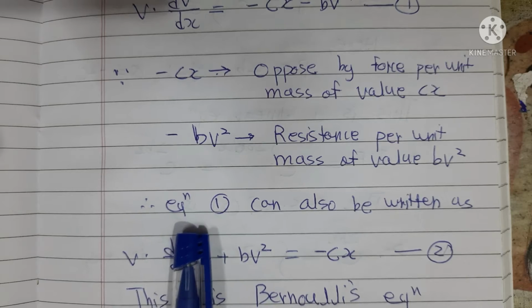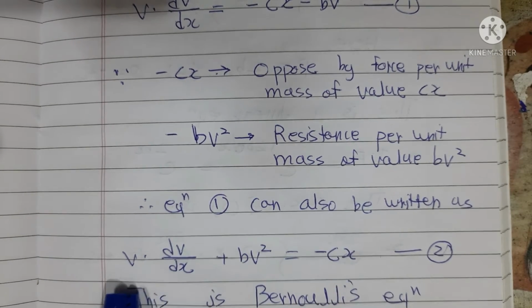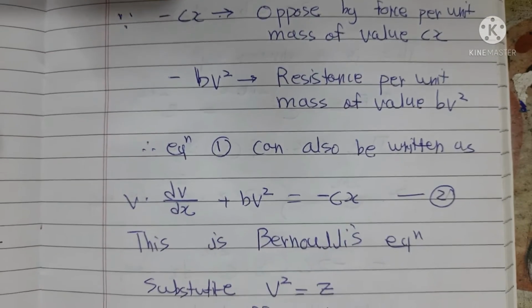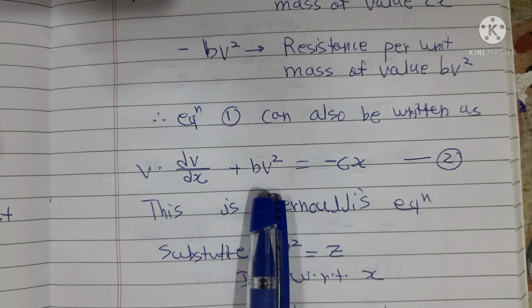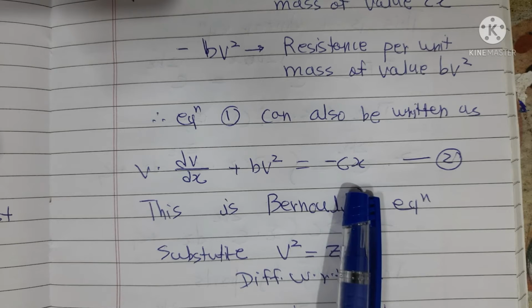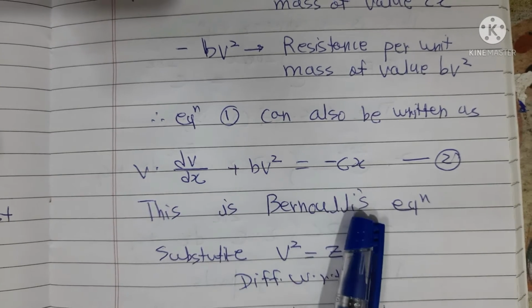Therefore after substituting this in the equation, we will get v into dv by dx plus bv square is equal to minus cx. This is a type of Bernoulli's equation.